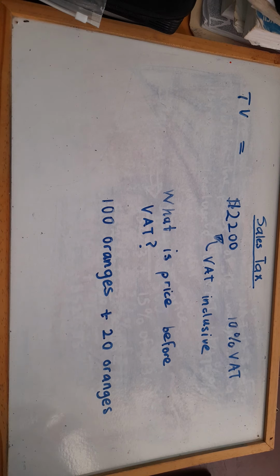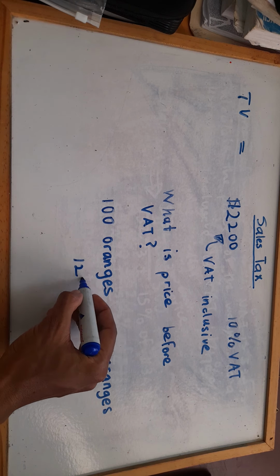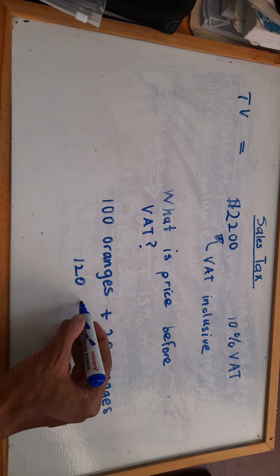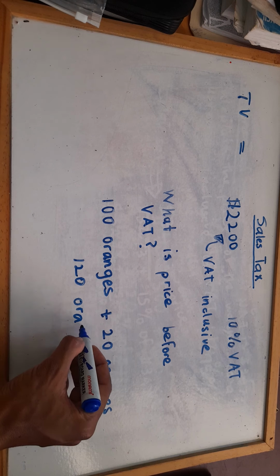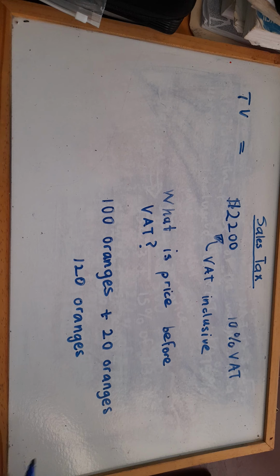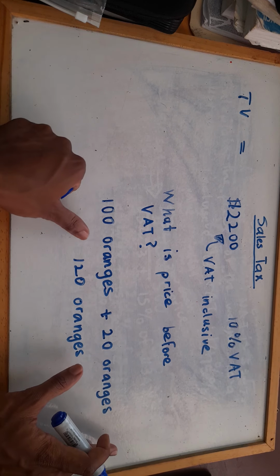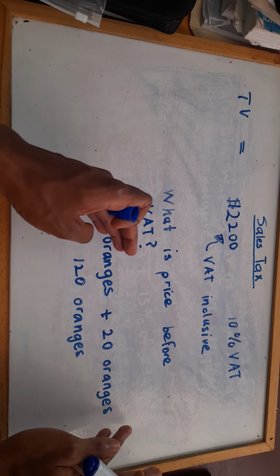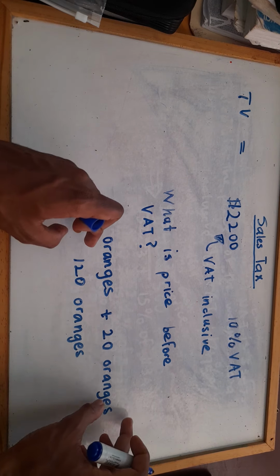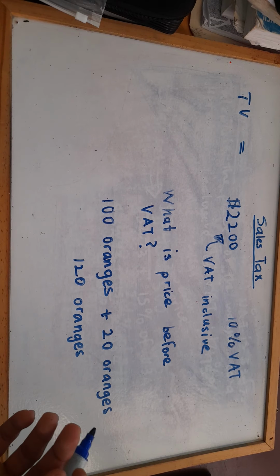Everything we're dealing with is oranges. So in the end, I have 120 oranges. If it was 20 bananas, we couldn't say we had 120 oranges. We're dealing with the same thing, so we can add them together, 120 oranges.